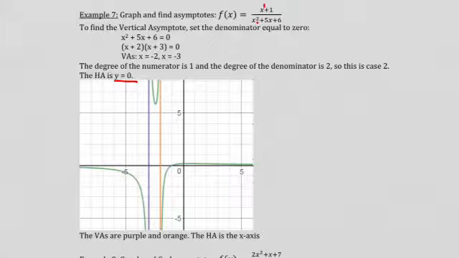Now, for the vertical asymptote, I just need to take my denominator and solve it as if it were equal to 0.